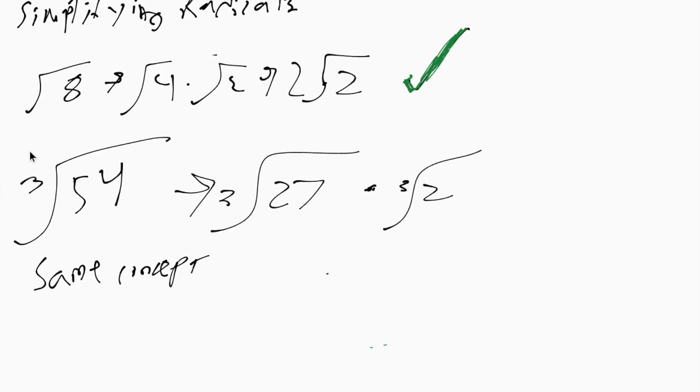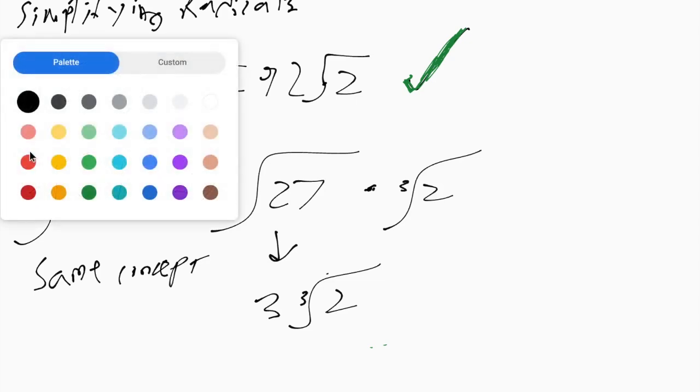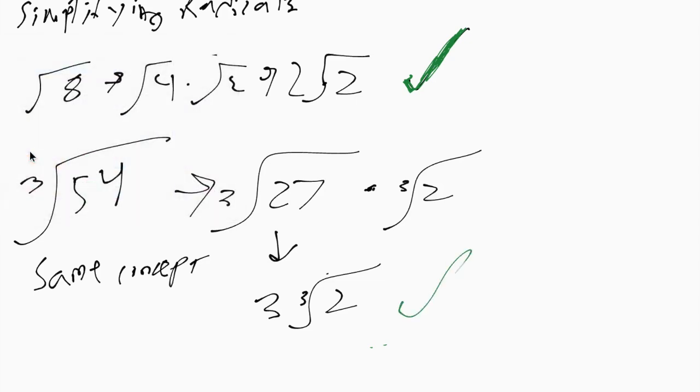We know that cube root of 27 equals 3. And cube root of 54 is going to be equal to 3 times cube root 2.